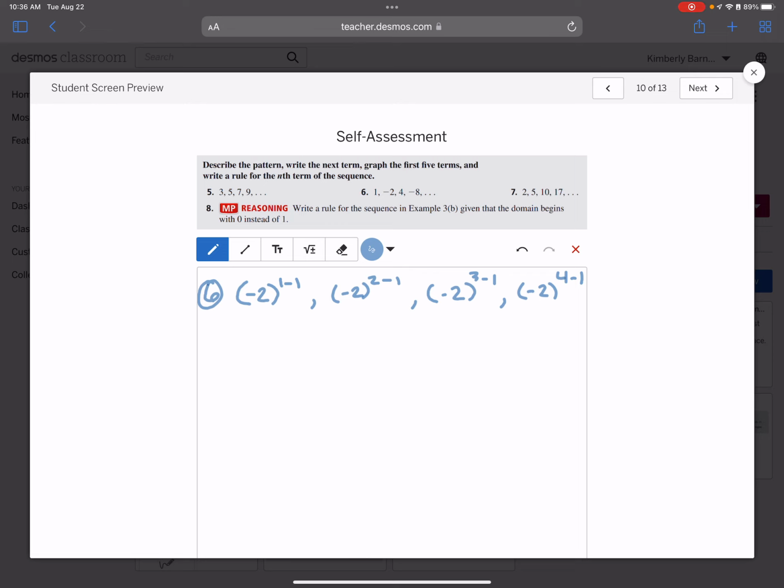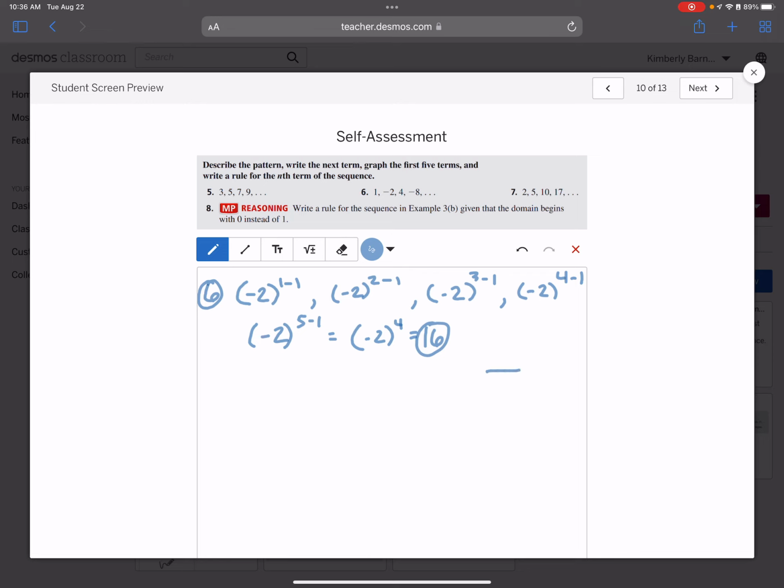And so if I want to find the 5th term, I'm taking -2 to the 5 minus 1, which is -2 to the 4th power. So -2 times -2 is +4, times -2 is -8, times -2 is +16. So my 5th term is 16.